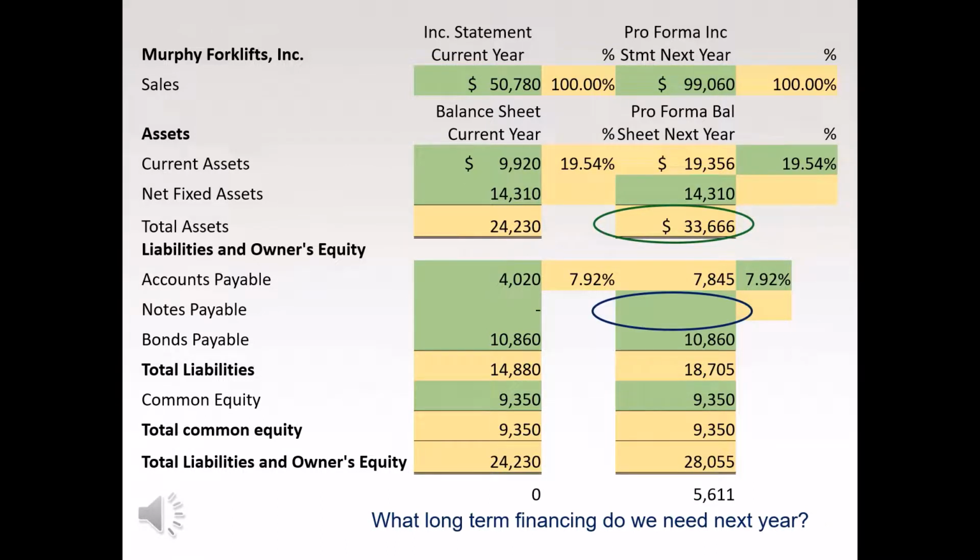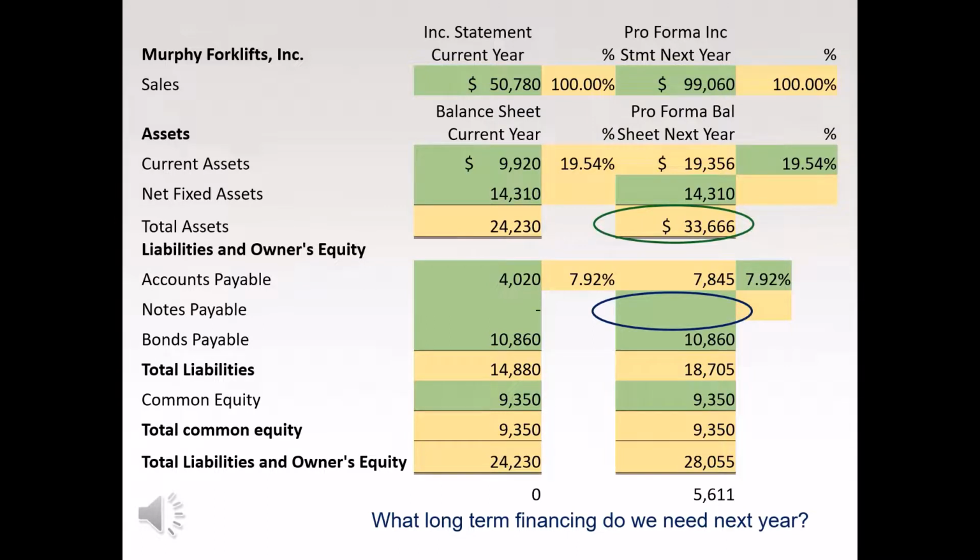So right now on our first run through, we have total liabilities and owner's equity of 28,055. You can see where the current year had a 0 to show that the assets equal the total liabilities and owner's equity. Our pro forma balance sheet does not have a 0.